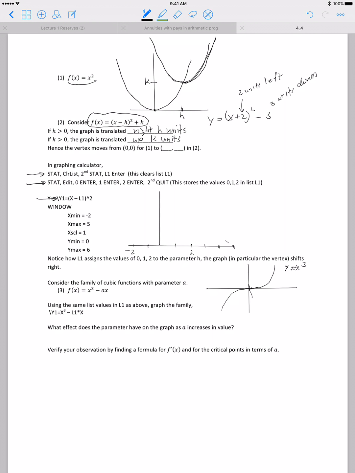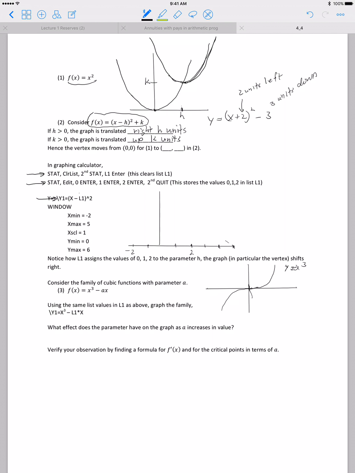That will place L1 after the minus sign, close parentheses, and square. So we have (x minus L1) squared in y1. Notice that the different values in the list are just going to provide different horizontal translations to the standard parabola.